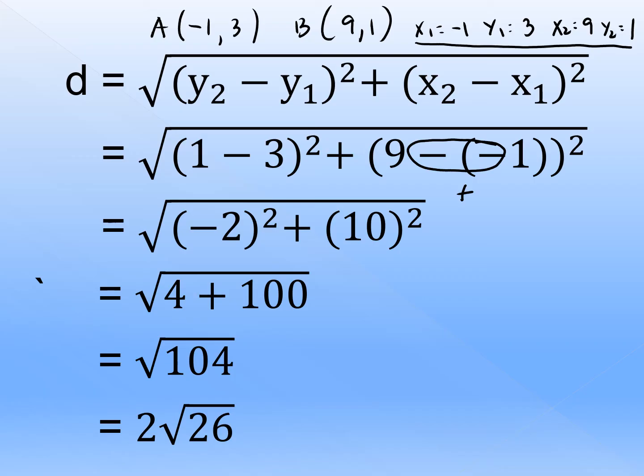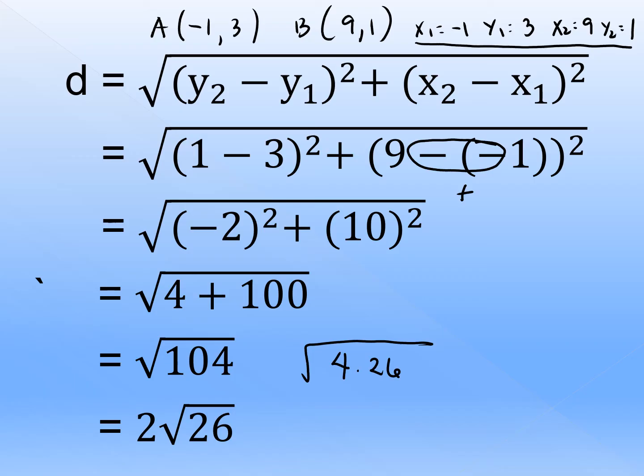How did we get this one? Just always remember, when you were in grade 9, we can simplify the radical by factoring. We think of a perfect square that is divisible by 104. So it will be 4 times 26, because 4 is a perfect square. We divide 104 by 4 and get 26.